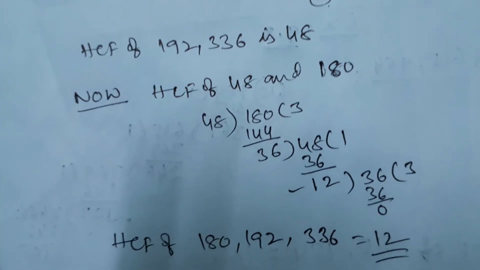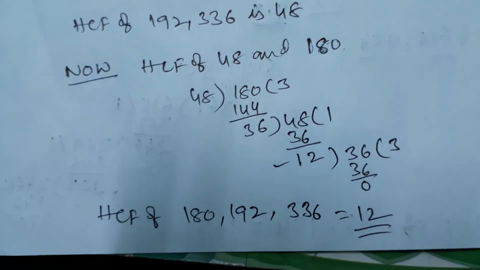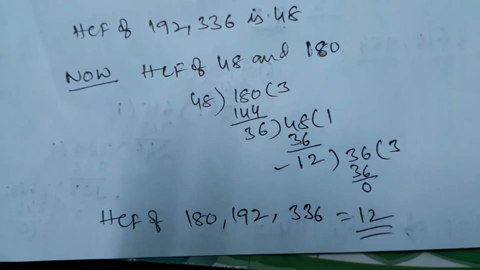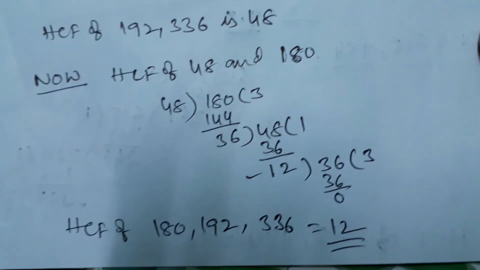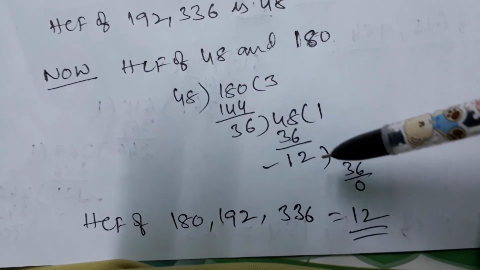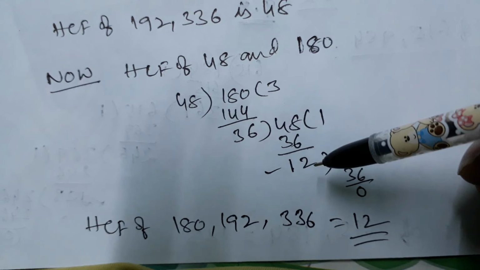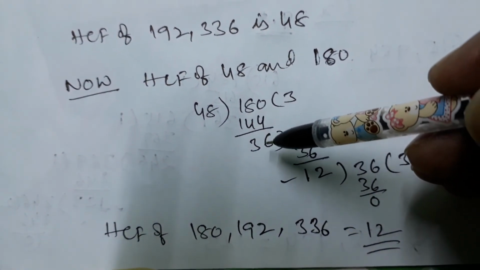180 divided by 48: you get 3 times 144, then remainder 36. With this remainder 36, divide the previous divisor, which is 48 now. Again you get a remainder. Go on continuously. With this remainder, divide its previous divisor.